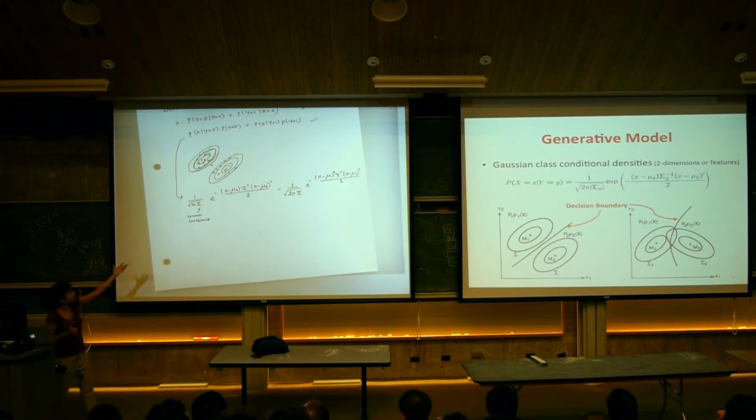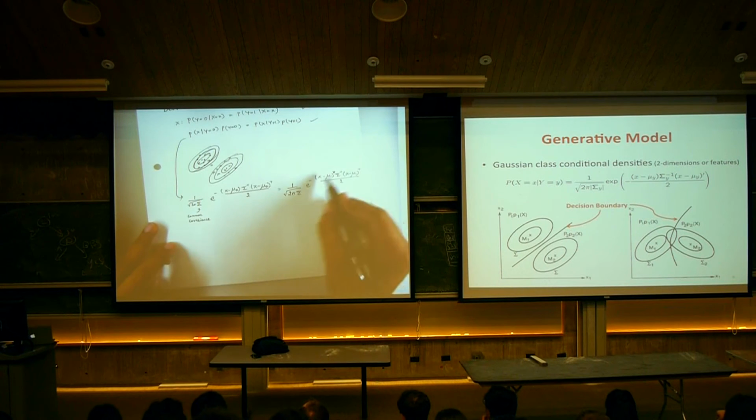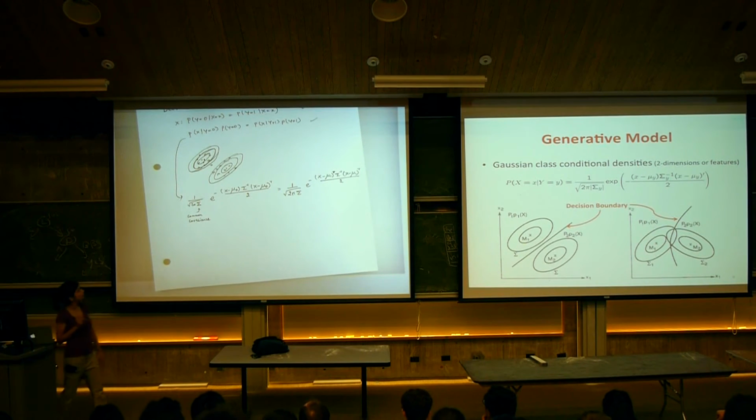The stuff in the front drops out. The exponential terms are similar, so you can just look at when this exponent agrees with this exponent. These are two quadratic terms. You can open it up. You see that the part that's quadratic is just x sigma inverse x transpose, and that's the same on the other side.